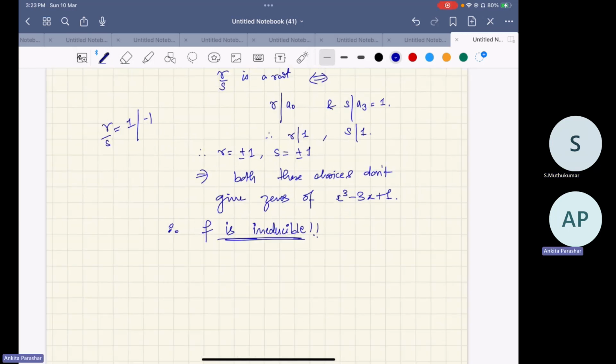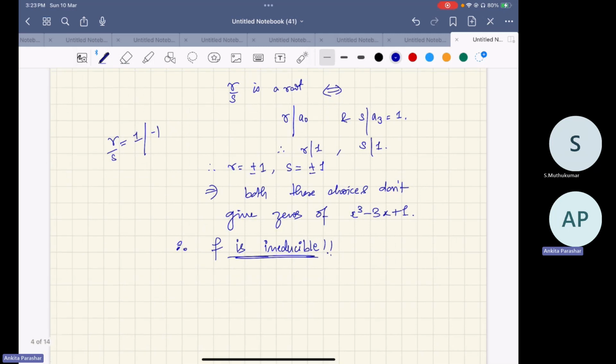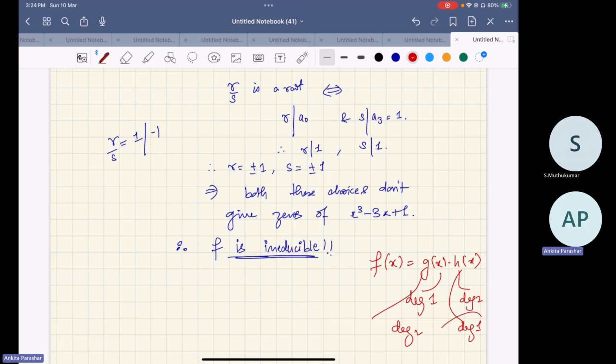No, it will be enough because we are working in degree 3. If your f(x) is degree 3, then g(x) times h(x) is either degree 1 and degree 2, or degree 2 and degree 1. But in either case, degree 1 means there should be a root.